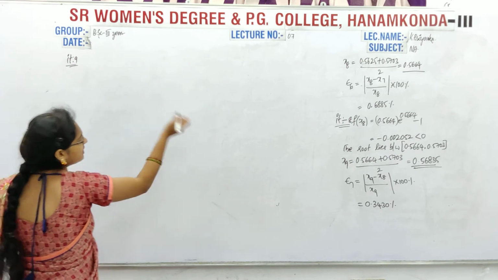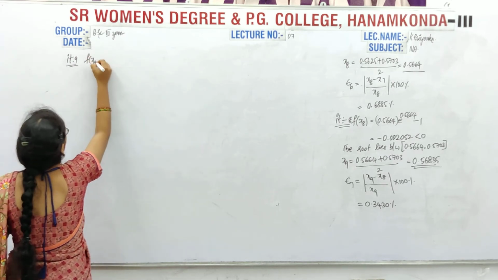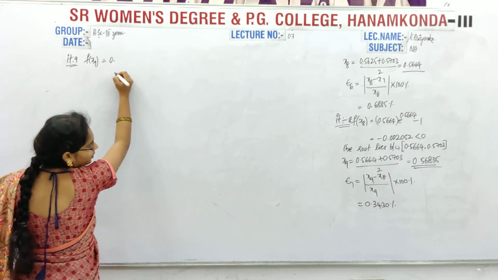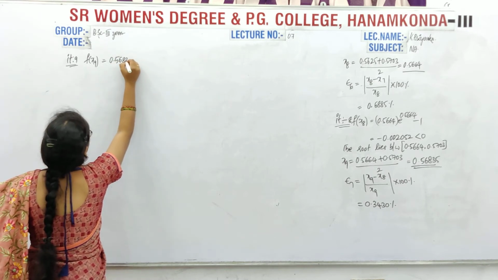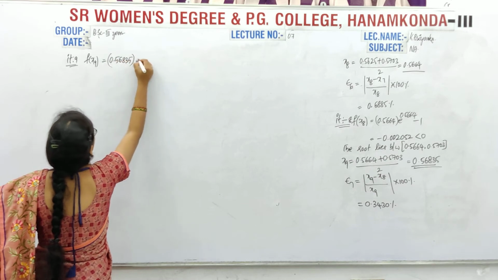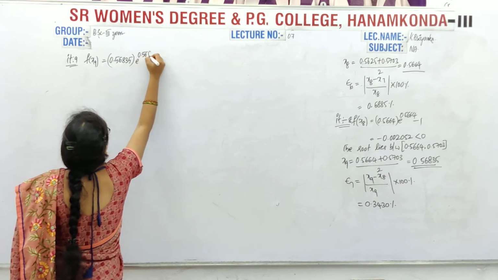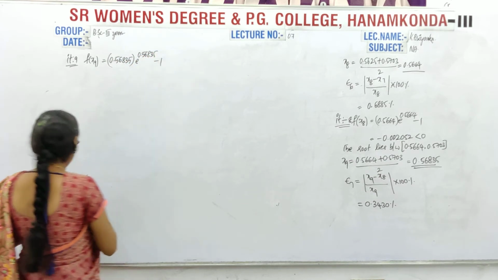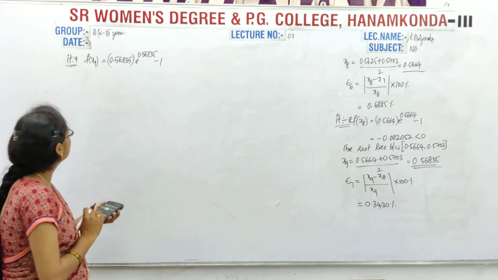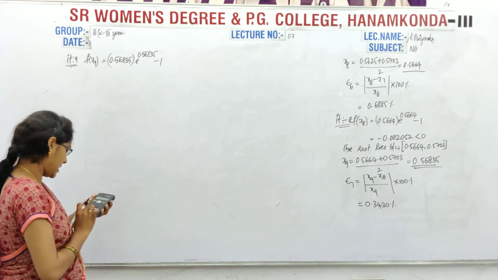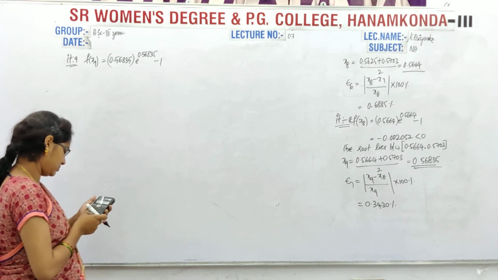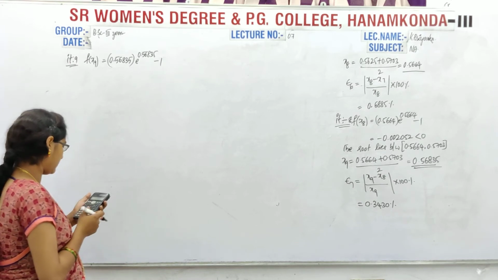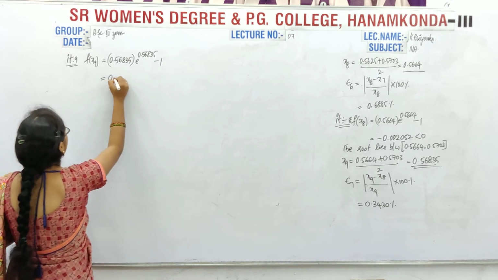First of all, f of x9 equals 0.56835 into e power 0.56835 minus 1. Now calculate it. Now it is again positive.